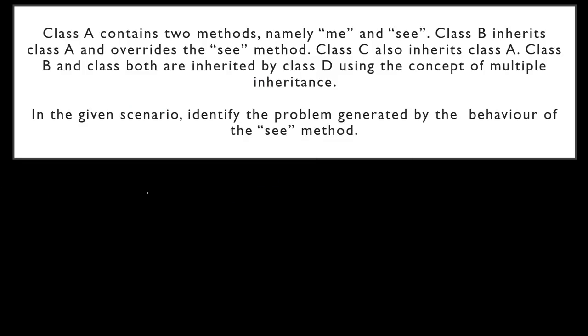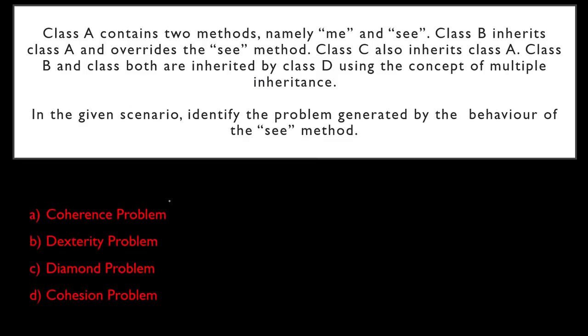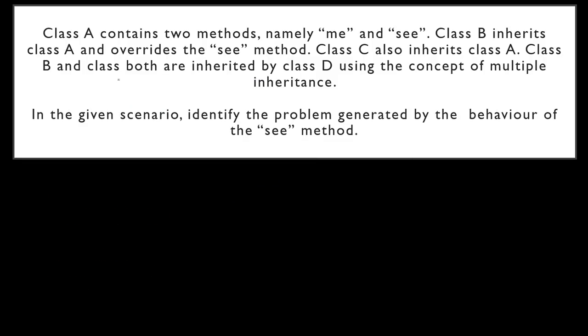So let us get back to the question solving. Let us read the question first. Class A contains two methods, namely me and C. Class B inherits class A and overrides the C method. Class C also inherits class A. Now class D inherits both class B and class C using the concept of multiple inheritance.